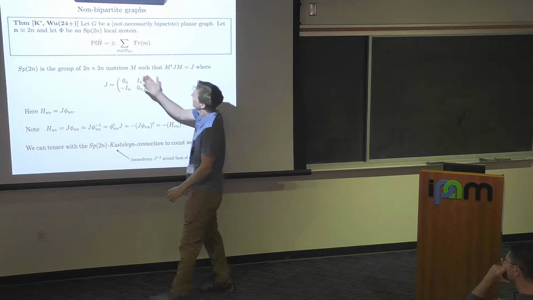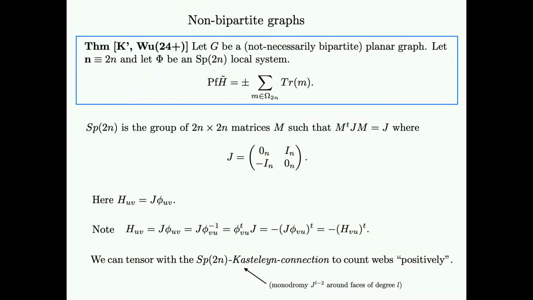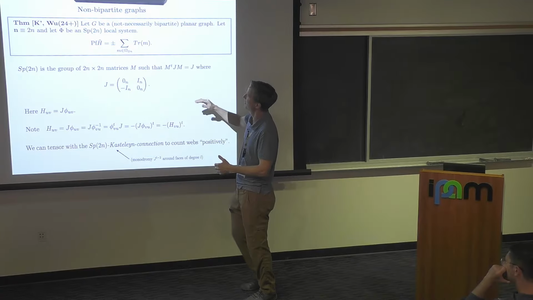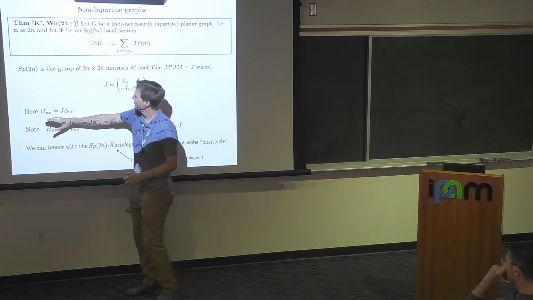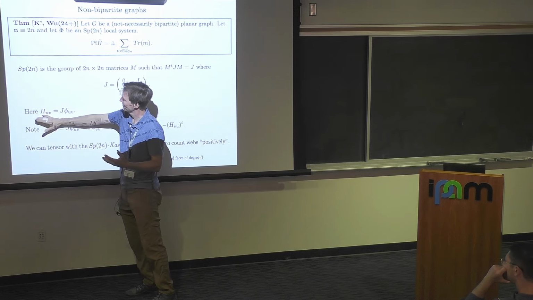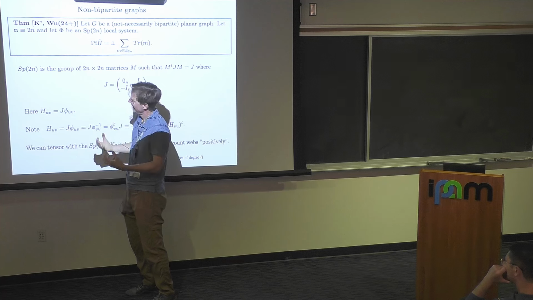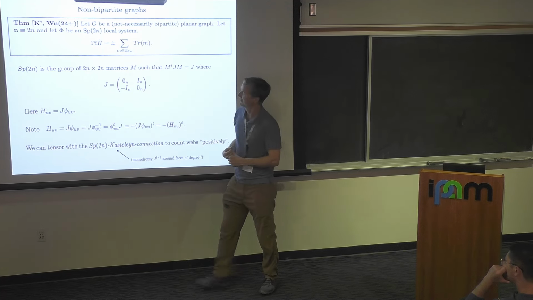And then there's a certain matrix. I'm not calling it K, let's call it H, an antisymmetric matrix whose Pfaffian counts the traces of webs. The definition of a web is the same, and the definition of the trace is essentially the same, with tiny details different. The H matrix is the natural analog of the Kasteleyn matrix for non-bipartite weights.